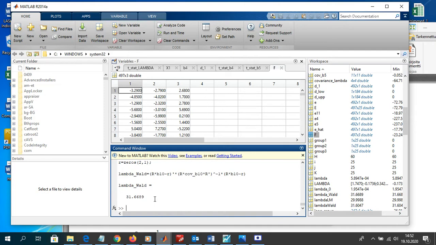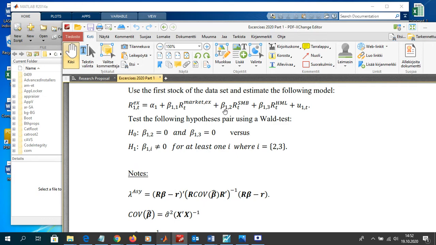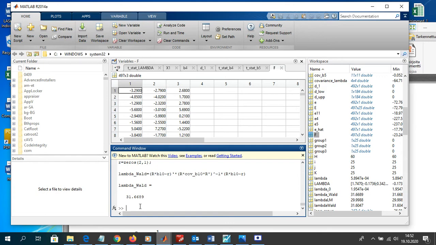So our beta exposures against the size factor and the value factor are jointly statistically significant on a 5% significance level. Even if we take a 1% significance level, the critical value is 9.2, and still we have to reject the null hypothesis. So obviously the exposures are highly significant.